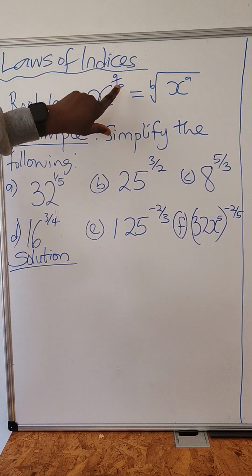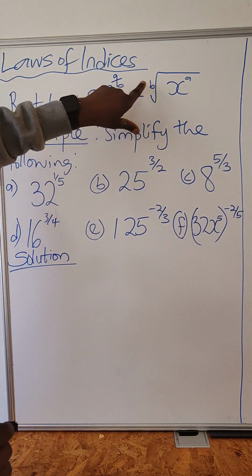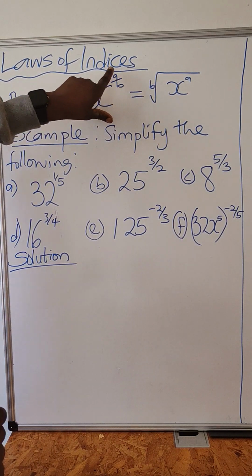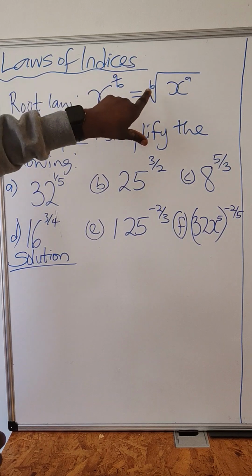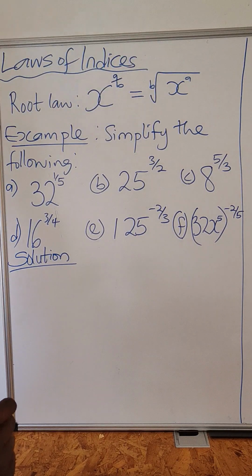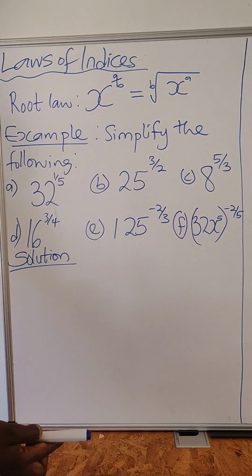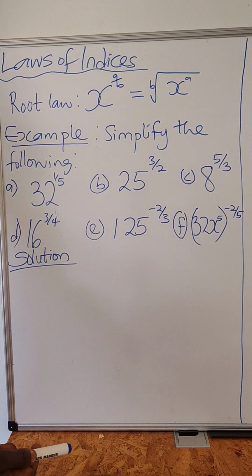So the denominator is what will come for the root, and the numerator is what x will be raised to. But with our numerical examples, we'll be able to get it better.